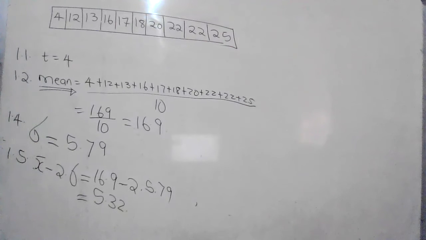It says, it took another team a total time of X plus 5 minutes to complete the race. Calculate the value of X if the overall mean of the 2 teams combined was 18 minutes. This question is very important.